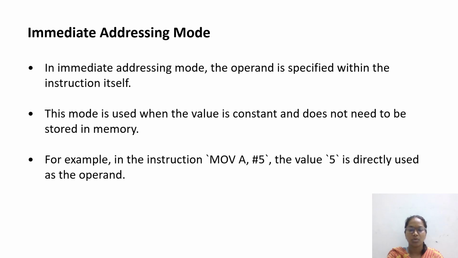This mode is used when the value is constant and does not need to be stored in memory. For example, the value 5 is directly given as an operand in the instruction.